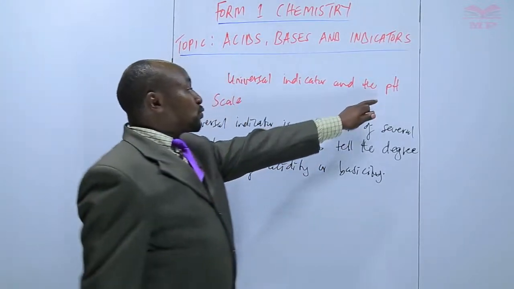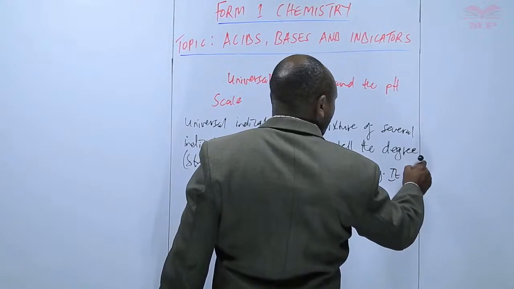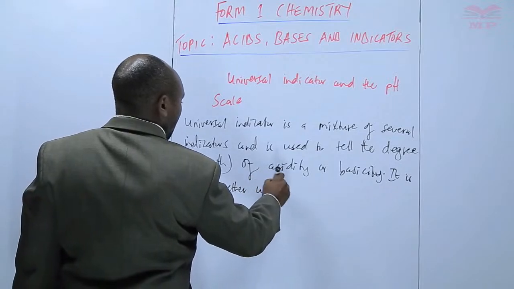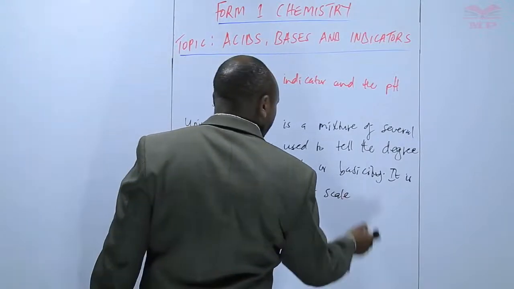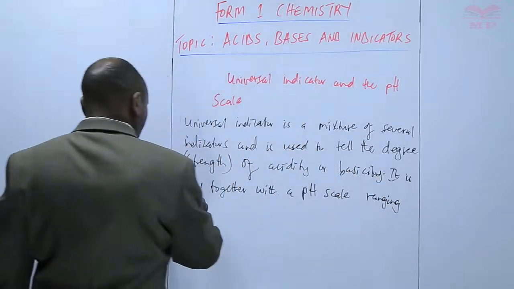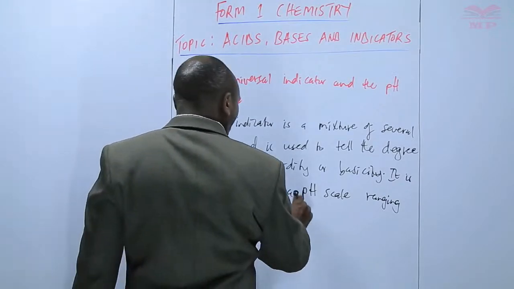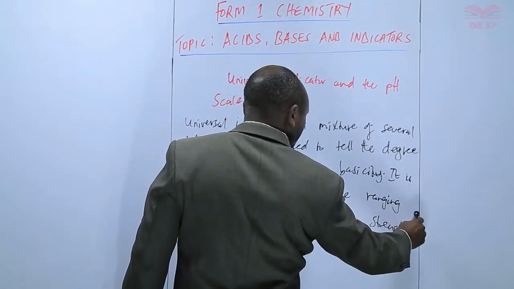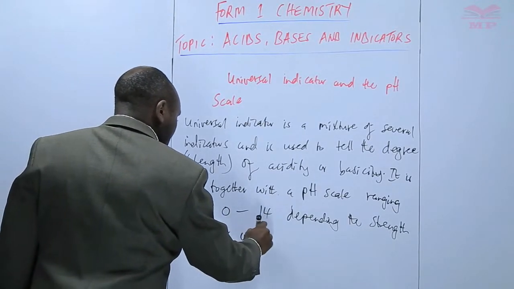So universal indicator is used together with the pH scale. You can say that it is used together with a pH scale, with a pH scale ranging from 0 to 14, depending on the strength of acids or bases.